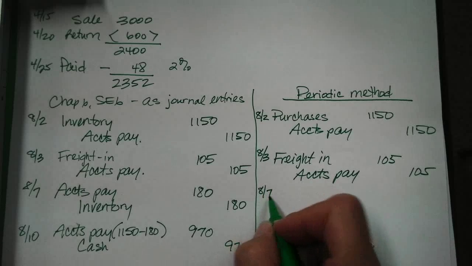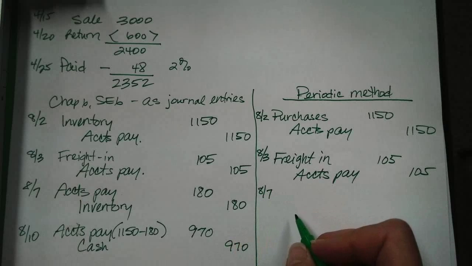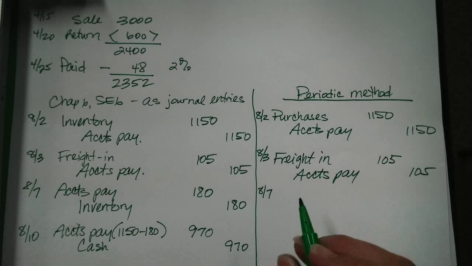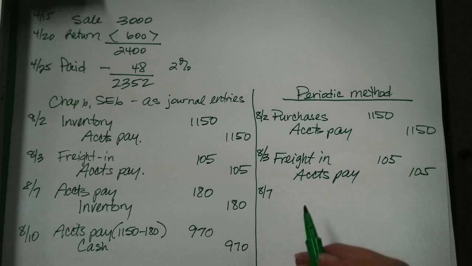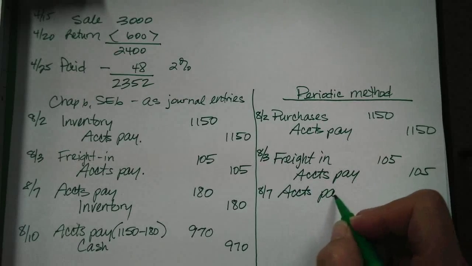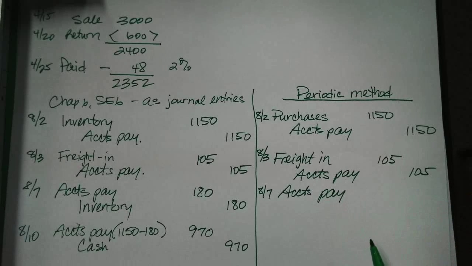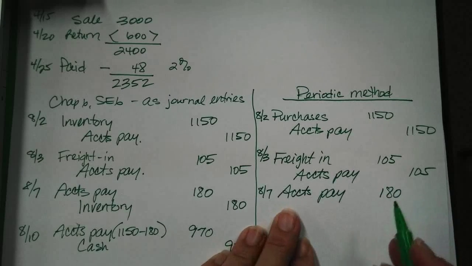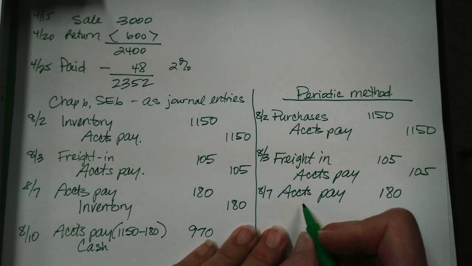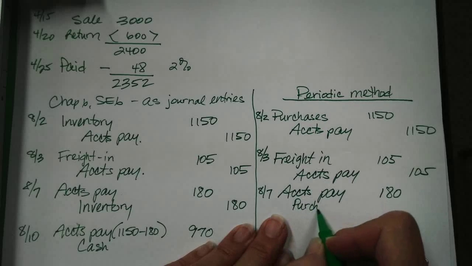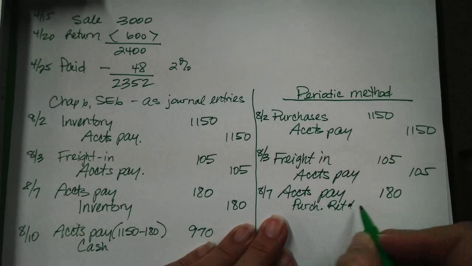On August 7th, we want to return damaged goods. So what's not going to change from the perpetual method is that I still owe them this money. Okay, I owed them, and so I'm going to reduce what we owe them. That's the same. What's different is that I actually have a different account called purchases, returns, and allowances.